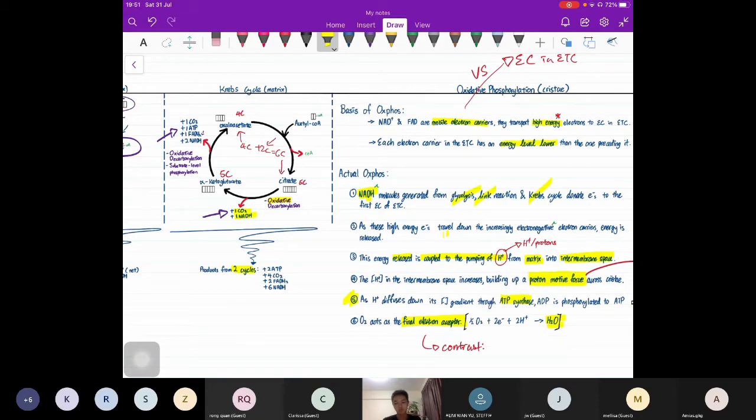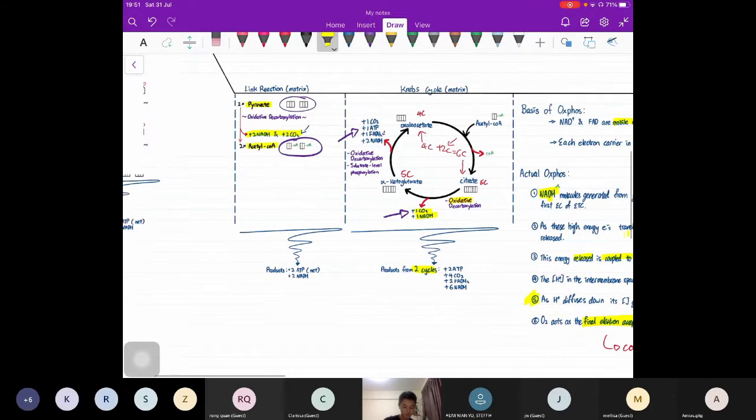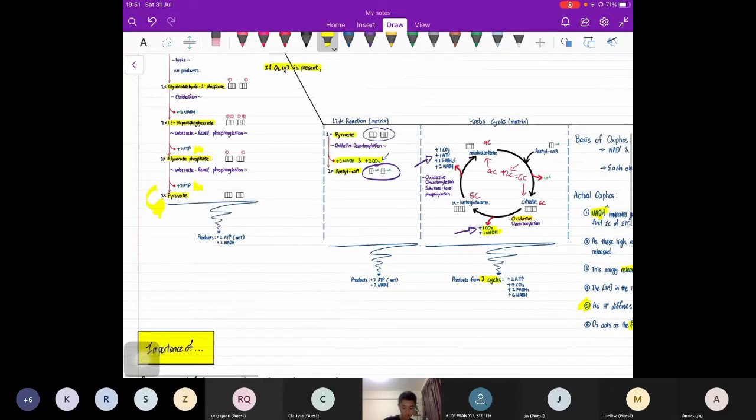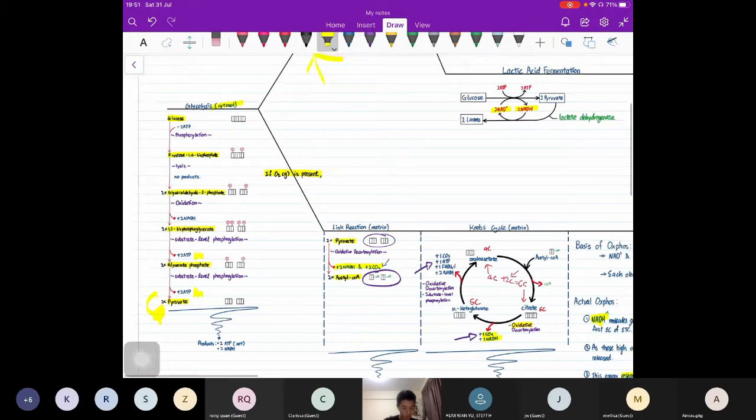We don't refer to the generation of ATP from ADP in oxidative phosphorylation as substrate level phosphorylation, but we refer to it as oxidative phosphorylation. SLP is used for anything prior to OXPHOS. It's used in your Krebs cycle and is used in your glycolysis.